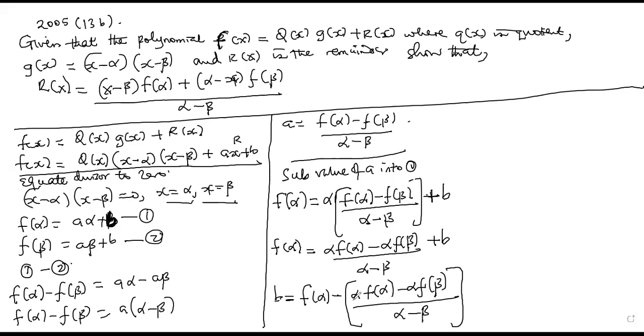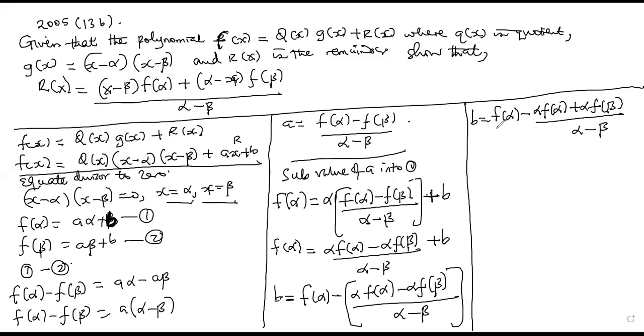This negative multiplied inside, so I'm going to have my b as f of alpha minus alpha f of alpha, then plus alpha f of beta, everything out of alpha minus beta. Divide by 1 and look for the LCM.